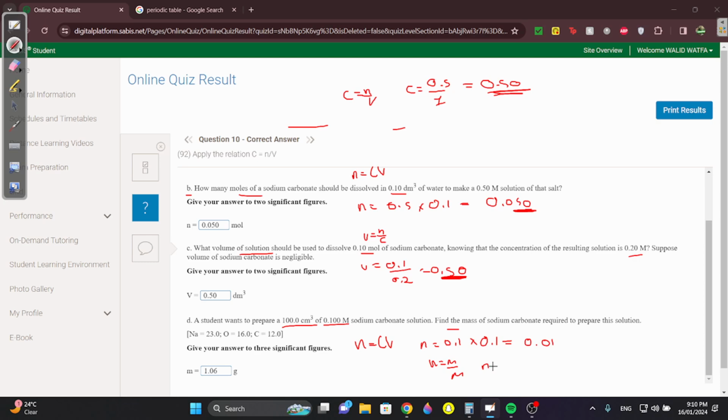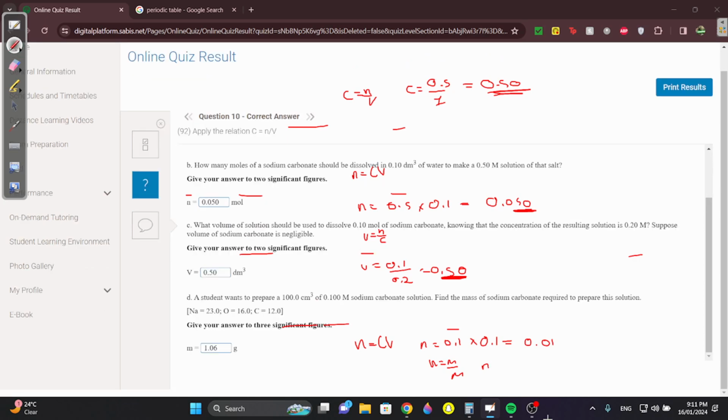And n equals m over M. If you scroll up, they say Na2CO3. So n equals the mass, which we're trying to find, over the molar mass of Na2CO3.